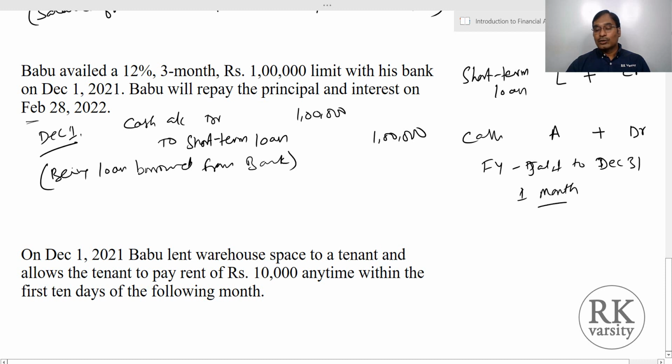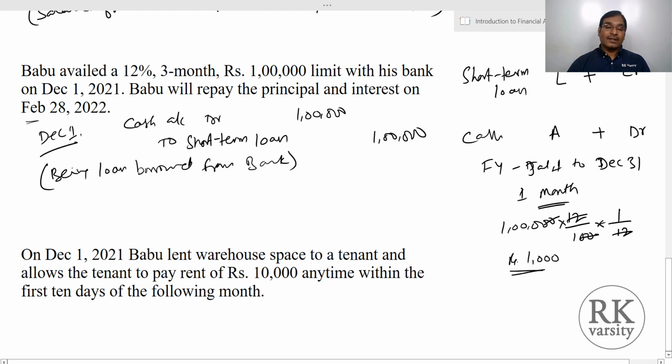So during this month there is an accrued interest. So 1 lakh is the loan amount that you borrowed for 3 months, and on this you are paying a 12% interest per annum, and 1/12, that is for 1 month. So your interest amount is 1000 rupees.